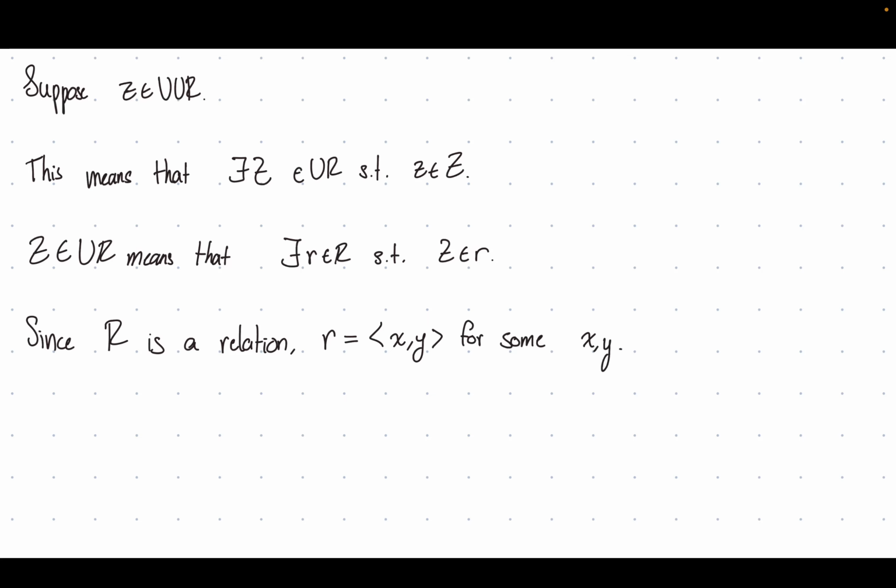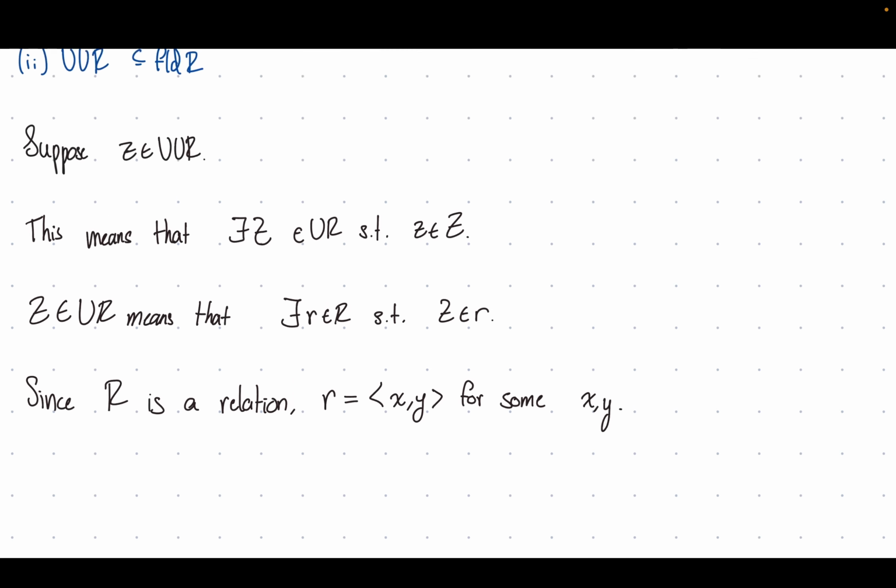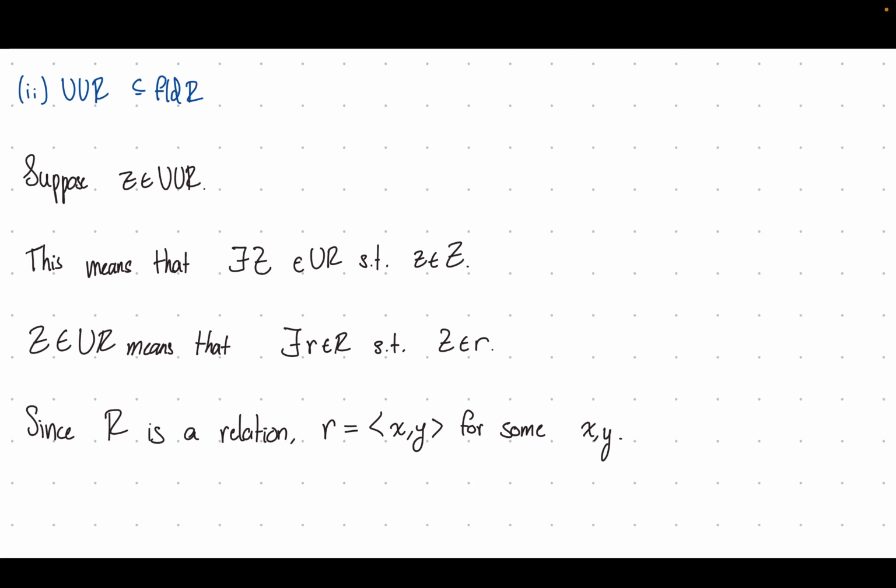Okay, so essentially what this means, to skip ahead a little, is that either z is equal to x or z is equal to y. If z is equal to x, then it's in the domain of R. If z is equal to y, then it's in the range of R. If it's equal to both, or if you pick a different r that z is a part of, then it's going to be in both. So either way, it's in the union, or it's in the field.